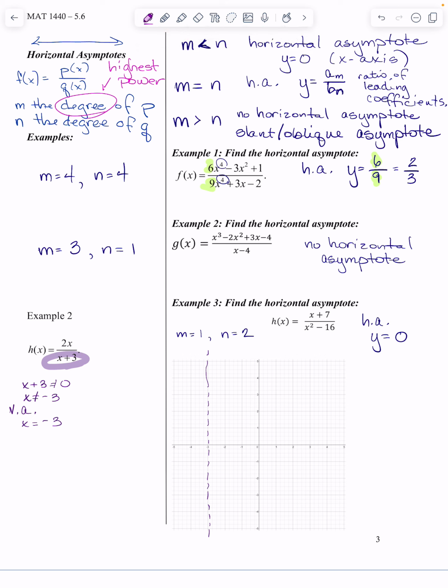I have degree in the numerator is 1, because I got a 2x. Degree in the denominator is 1. So I know my horizontal asymptote is at y equals, I got 2x, so 2 over 1x, y equals 2. So there's that part.